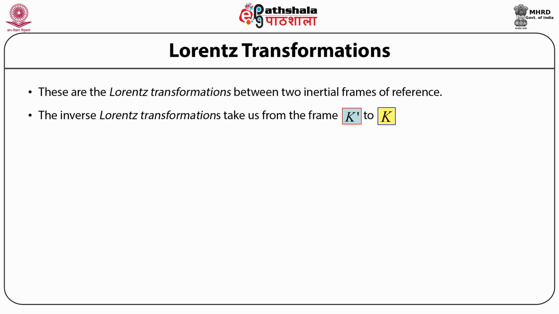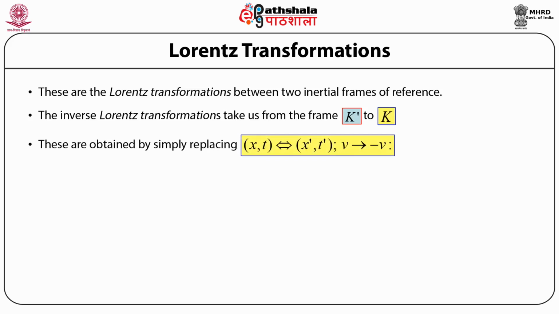Further, if we look at the frame of reference K with respect to the frame of reference K′, then what we see is that K is moving with a speed −v with respect to K′ along the negative x-axis.